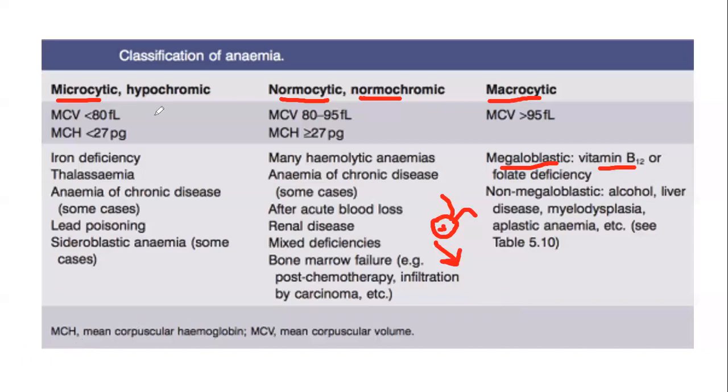So what are the causes of microcytic hypochromic anemia? One is iron deficiency anemia, thalassemia, anemia of chronic disease, lead poisoning, or sideroblastic anemia. MCV less than 80, MCH less than 27, both are less.